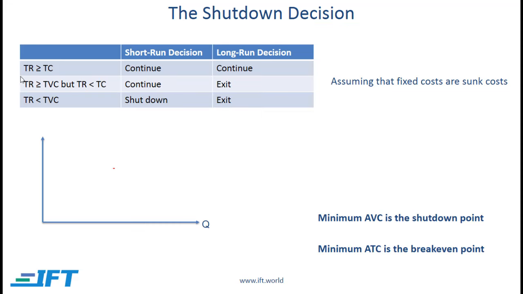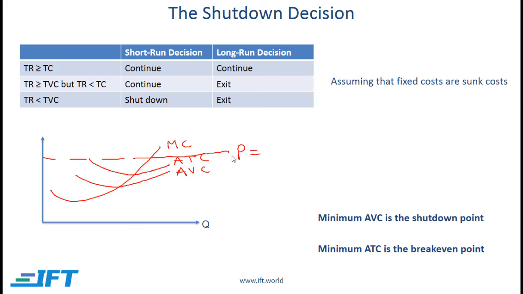Now let's understand these situations graphically. Say this is our marginal cost curve, and let's say that this is our average variable cost, and this is our average total cost. Now if the price level is high, so let's say this is the price level.